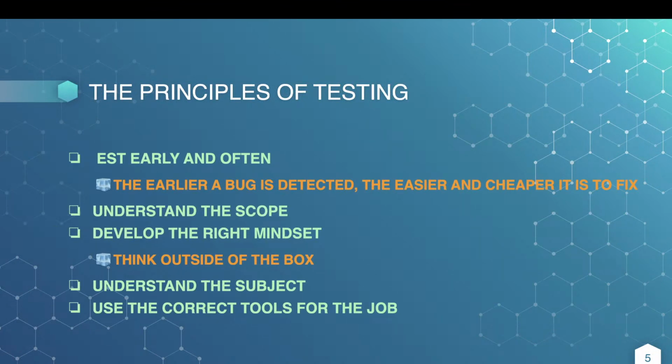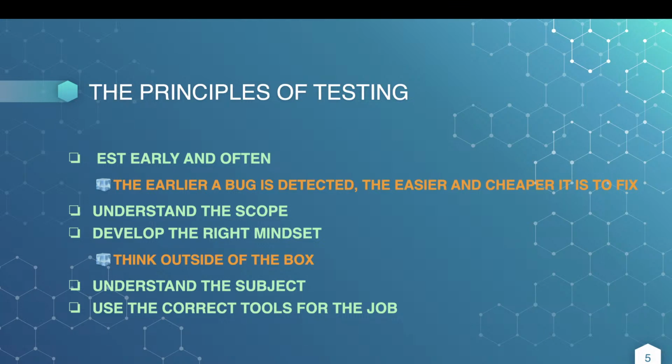Test early and often. The earlier a bug is detected, the easier and cheaper it is to fix. Also means to test documentation where possible. You also really want to understand the scope properly and develop the right mindset. That's important. You want to think outside of the box.